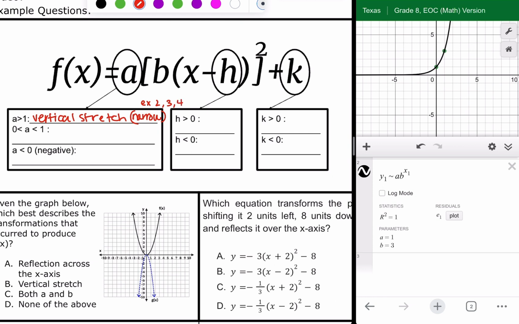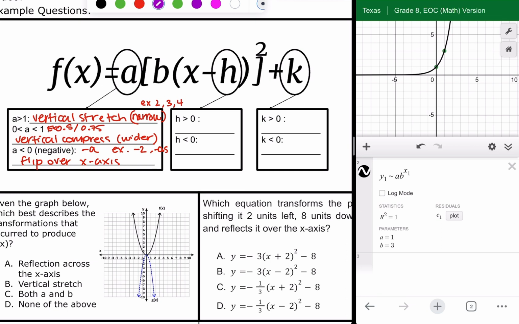And if it is less than 1, examples are 0.5, 0.75, it's going to be a vertical compress, and that's going to be wider. And if A is negative, an example would be -2 or -0.5, it's going to flip over the x-axis.